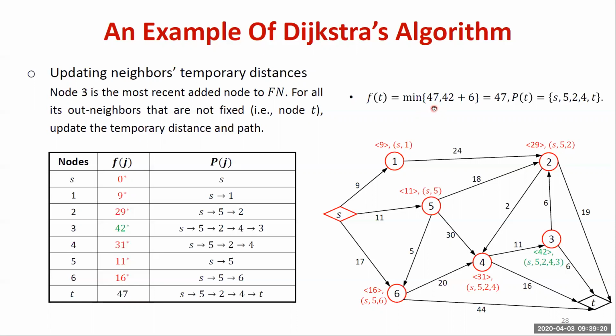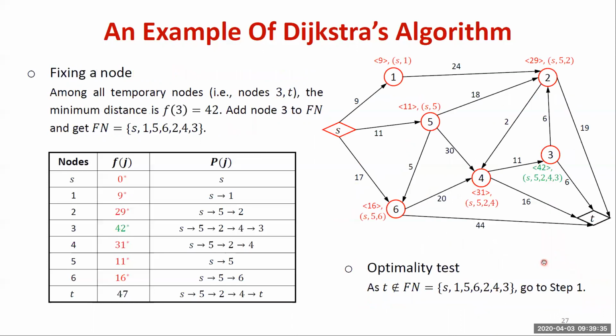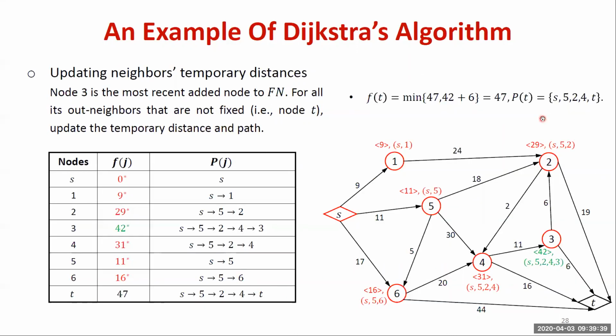So in this case, you don't need to do anything, okay? You're going to keep this 47 and keep this PT. Clear? Again, why keep this PT? Simply because you're not going to update it, because the previous path is better than the current one. So why should I update it, right? So you don't need to do anything.